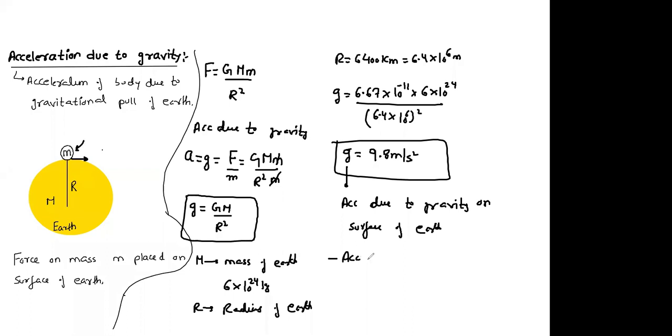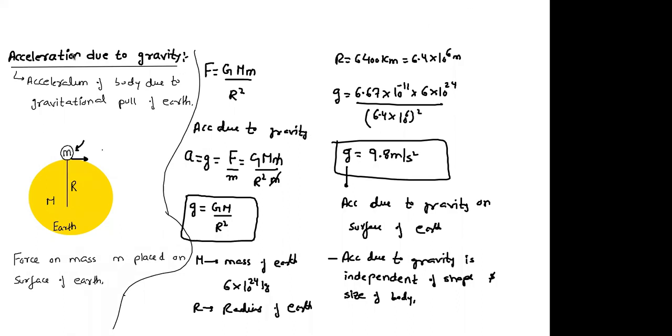So acceleration due to gravity is independent of shape and size of the body. It is absolutely independent of shape and size of the body. So this is the value of acceleration due to gravity if a body is placed on the surface of Earth only.